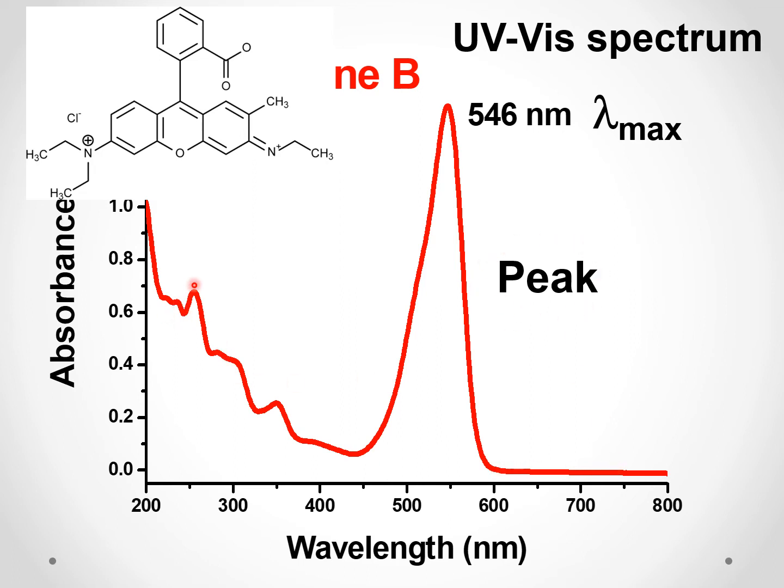So you can see there is a small peak here, there is a small peak here, but this is a very large peak, the largest peak. The largest peak will be the lambda max, that is the wavelength absorbed by this compound.